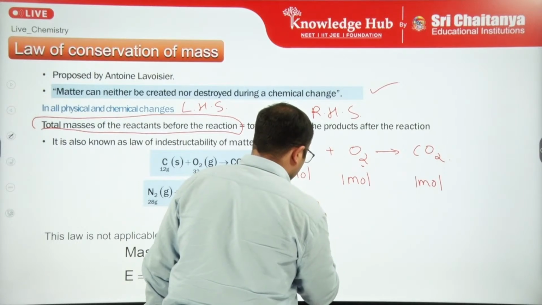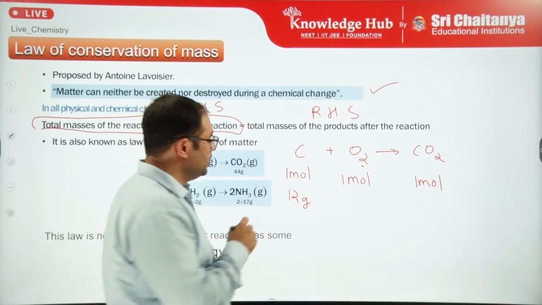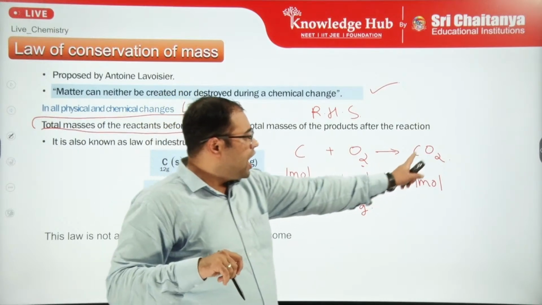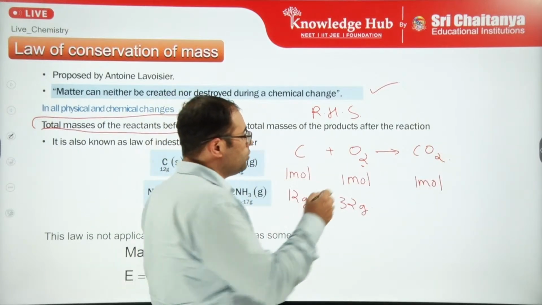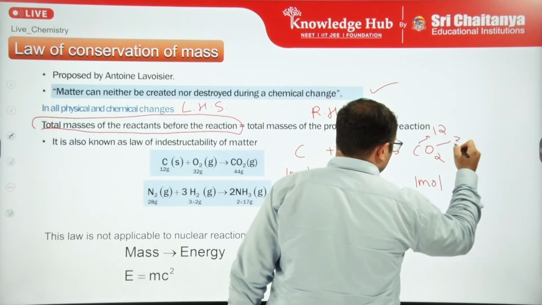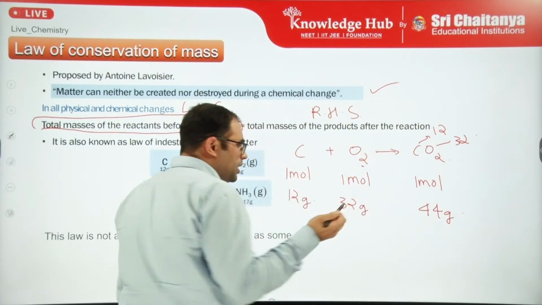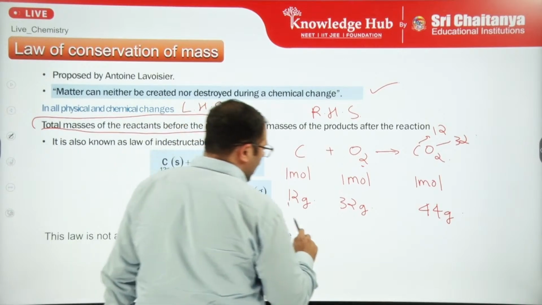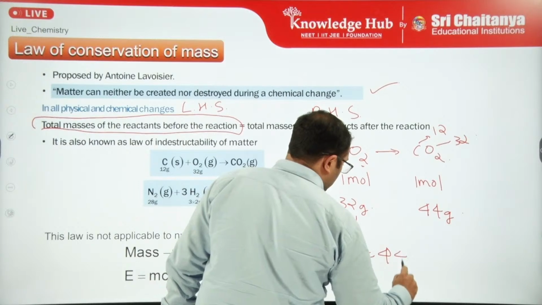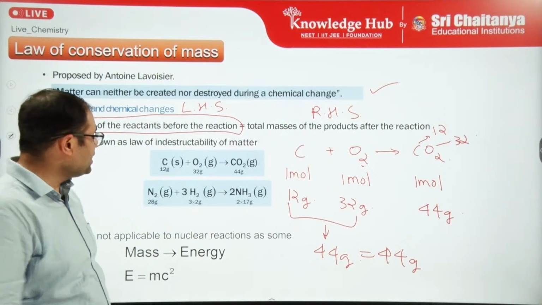It is 12 grams. Oxygen, O2, is 32 grams. If you add up and get the molar mass of carbon dioxide, 12 plus 32, you will get 44 grams. Simply you can see clearly here that it equals 44 grams on the other side. This is the law.